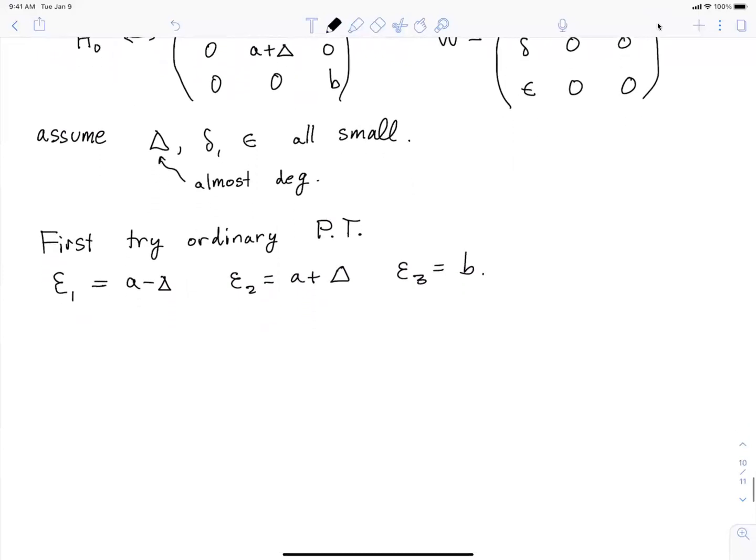And now we just do what we're told to do in perturbation theory, which is we construct the energy at first order in perturbation theory for each one of our states n, where n is 1, 2, and 3. And I'm going to be doing these all at once. The reason we're going to be doing them all at once is because they're all 0.